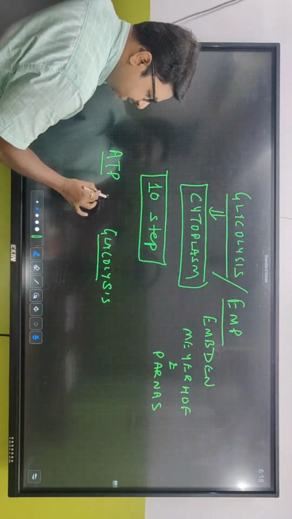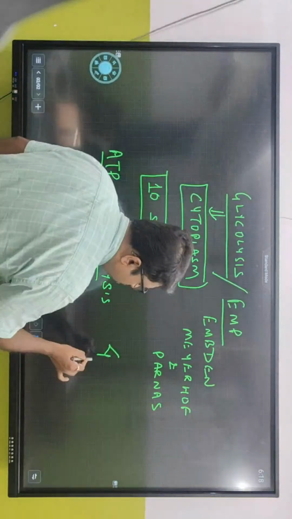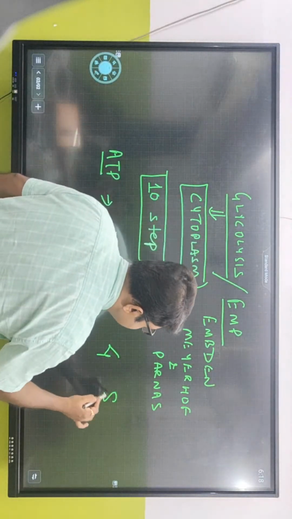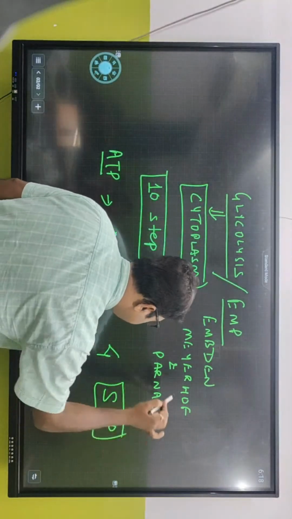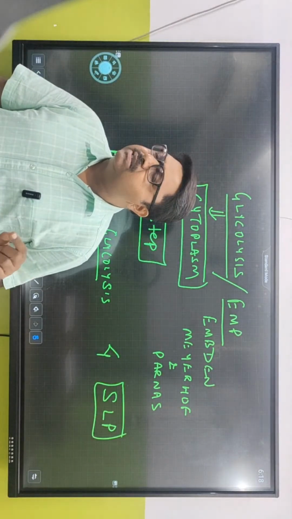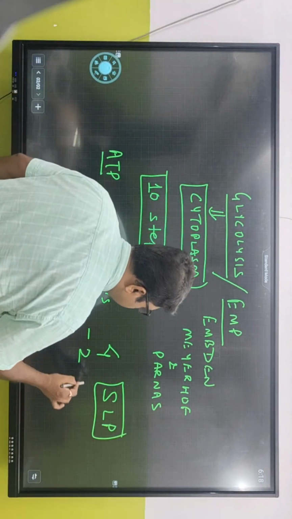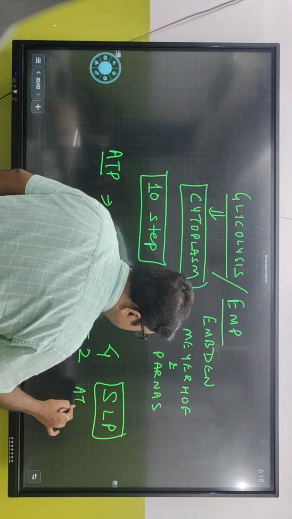I'm not calling it a net gain. The total number of ATP produced is 4 directly. We call it SLP. What is SLP? Substrate level phosphorylation. It yields 4 ATP directly. Out of 4 ATP, 2 are utilized.